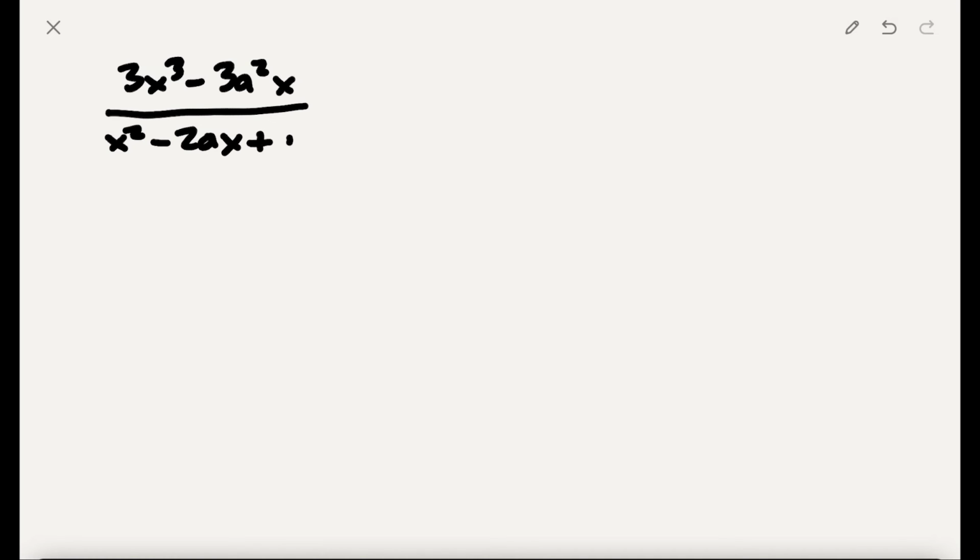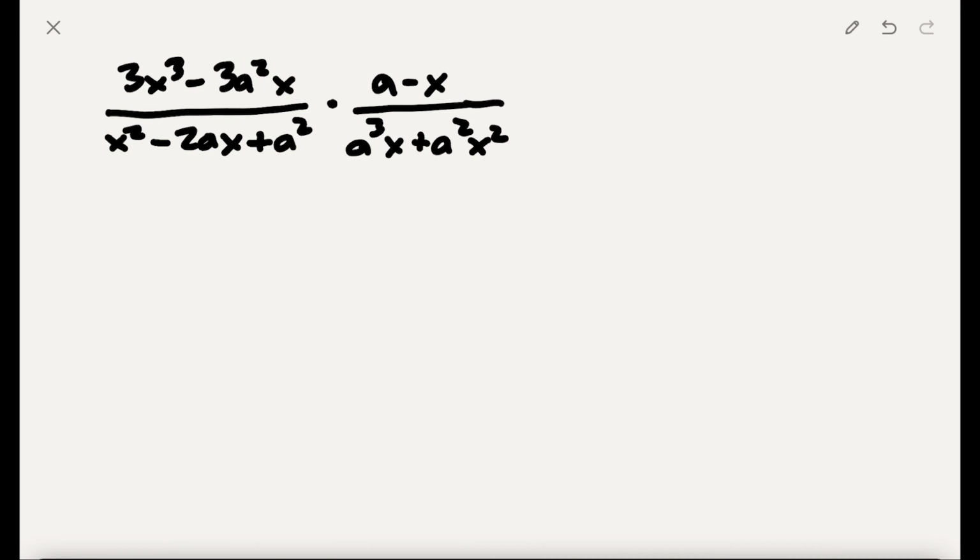All right, and the last one is going to be 3x cubed minus 3a squared x, all divided by x squared minus 2ax plus a squared, times a minus x, all divided by a to the third x plus a squared x squared.